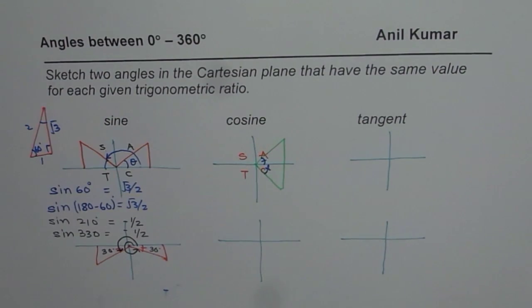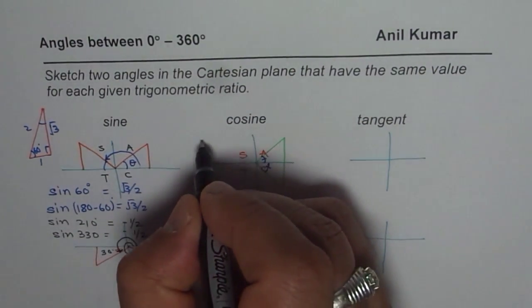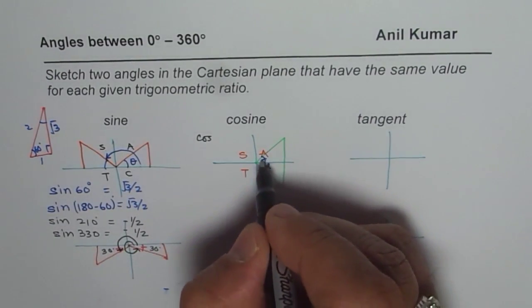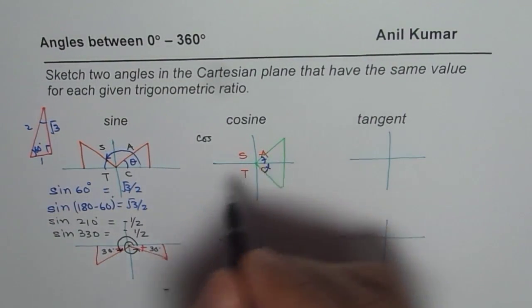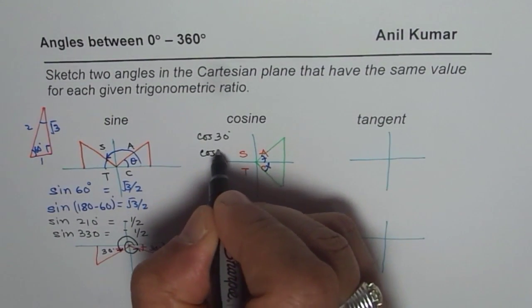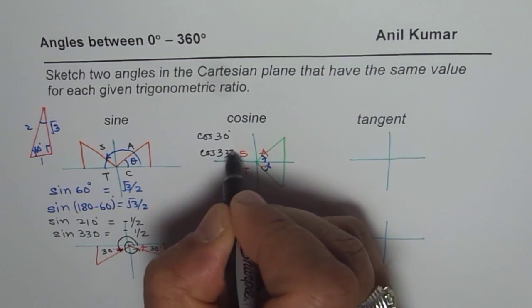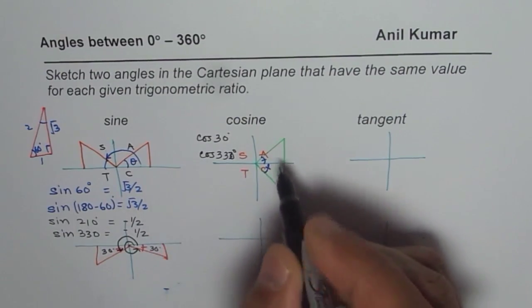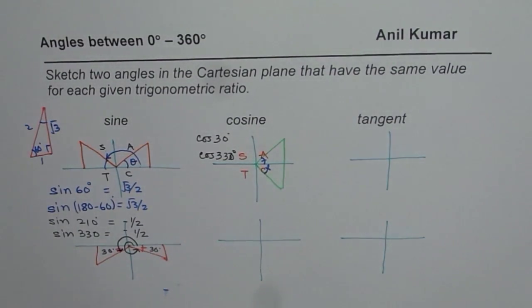Both will be positive. You get the point, right? So the combination could be, for example, cos of, let us take this angle as 30 degrees, right? So it is cos of 30 degrees, and that will be cos of 330 degrees, correct? So those will be the combinations.